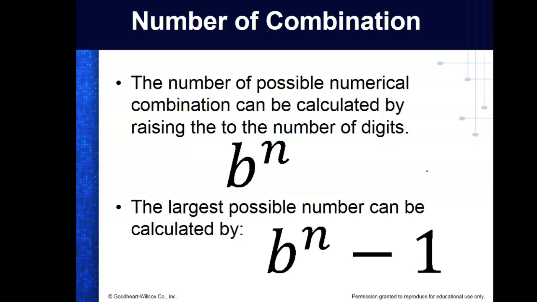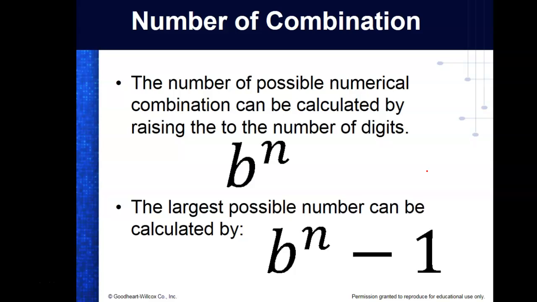So if I have 2 digits of base 10, that's 10 raised to the second power. That's 100 minus 1. That means the largest number I can represent is 99. Because technically 0 has no weight. 0 has no sign. We can't assign 0 a sign, right? We can't make 0 a negative number, and we can't make 0 a positive number. 0 is just 0, which is pretty interesting.